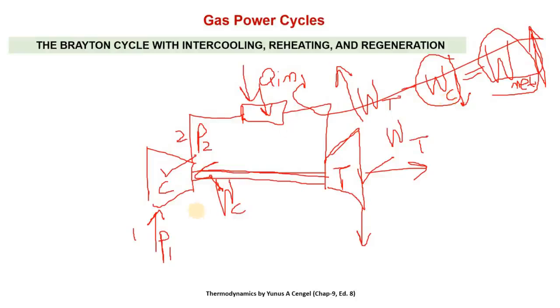We also know that whenever there is a work transfer, there is a pressure change and a volume change. Work done is given by the change of P into V. Here the pressure is increasing and the volume is dropping. Here in the turbine, the pressure is dropping and the volume is increasing. So in both of these work related devices, there is a change of pressure into volume.